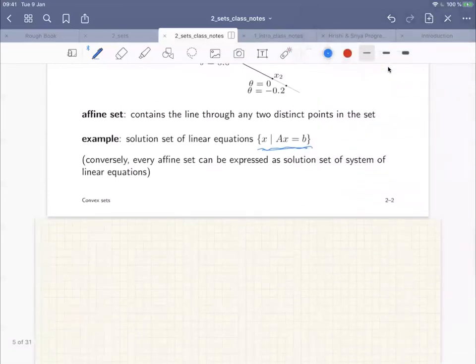Let's call this set C. C is defined as x such that x is the solution of Ax equal to b, right? What we want to check is that you take any 2 points, and the set should contain the line passing through those points. So take 2 points, x1 and x2.